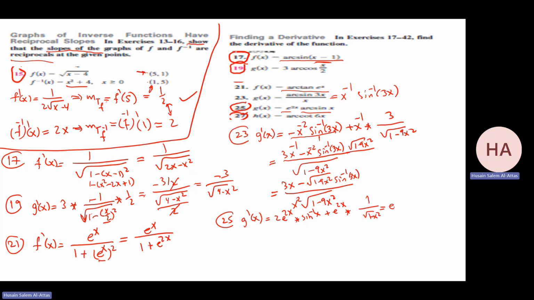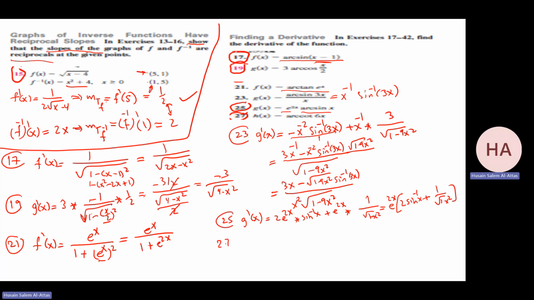Where this can be written e to x times 2 sine inverse plus 1 over square root 1 minus x squared.